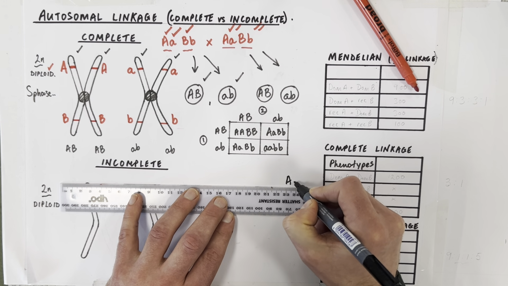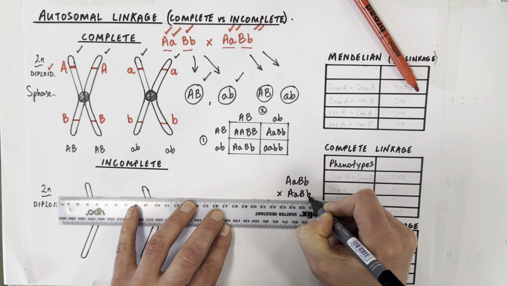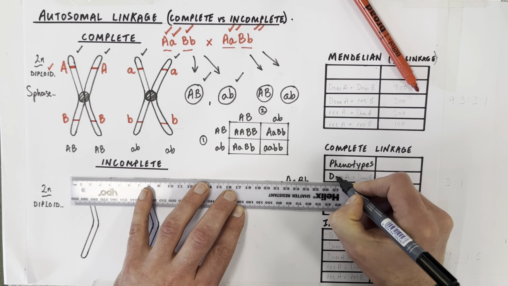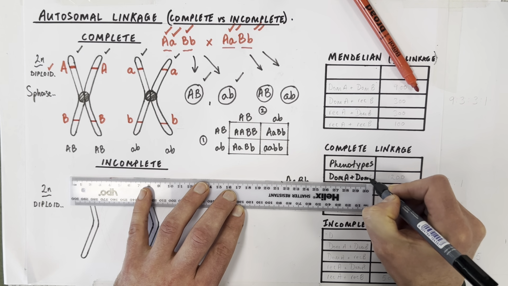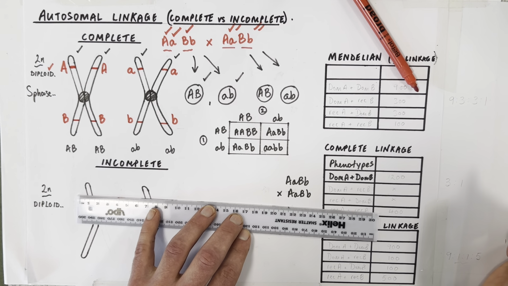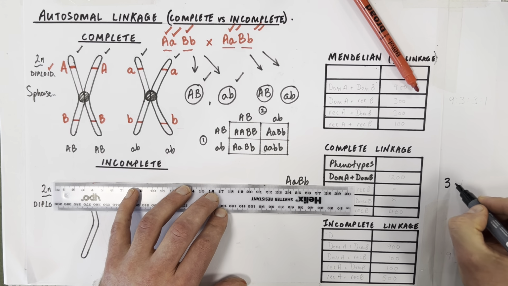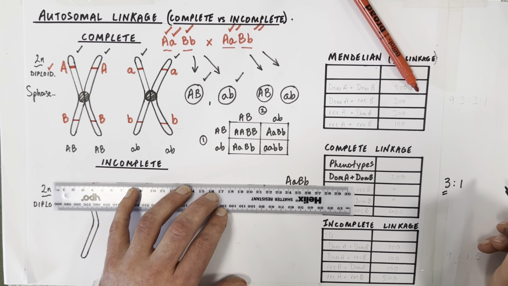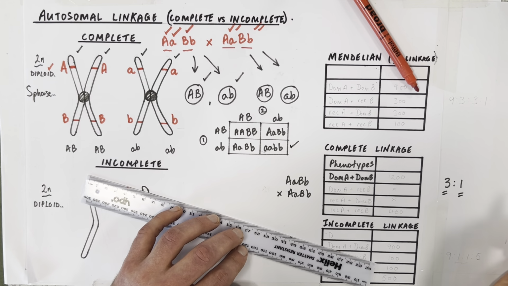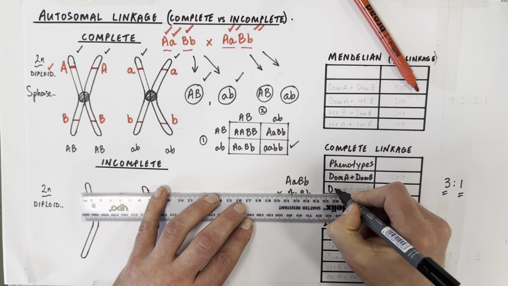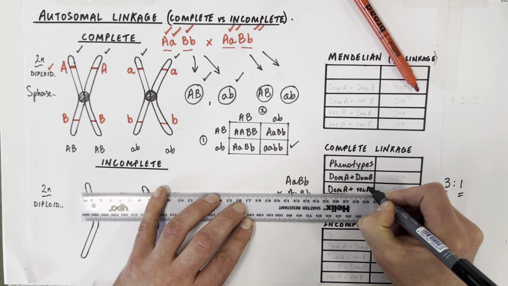Remember, the parents are this. We'd have dominant A and dominant B phenotype. And that would be 3 out of every 4, because remember, our ratio is 3 dominant A and dominant B to 1 recessive A, recessive B. Would there be any dominant A and recessive B phenotypes?